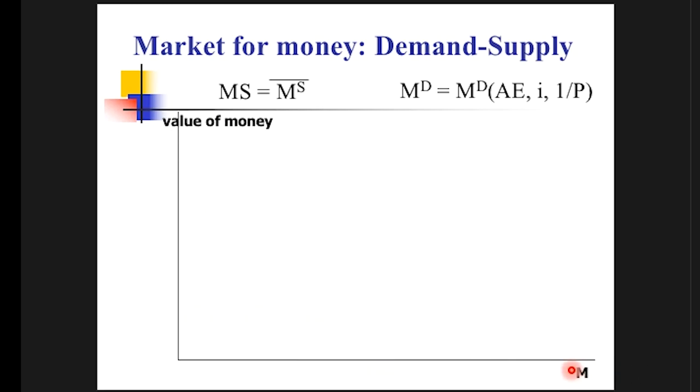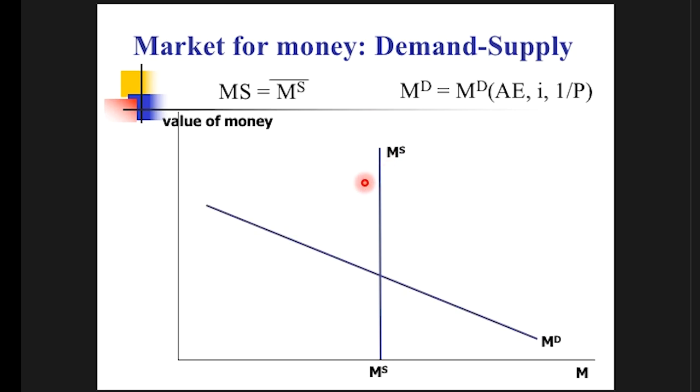it shows the relation between the amount of money and the value of money. So we also have money supply as a vertical line, because the money supply always depends on monetary policy, and the money demand is downward sloping. It has a negative relation with the value of money.